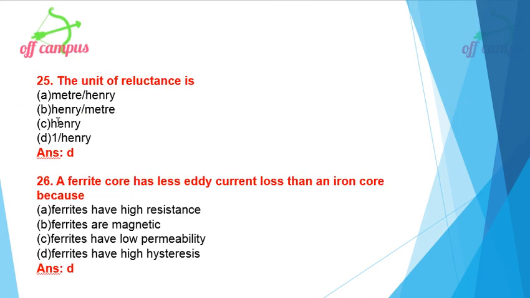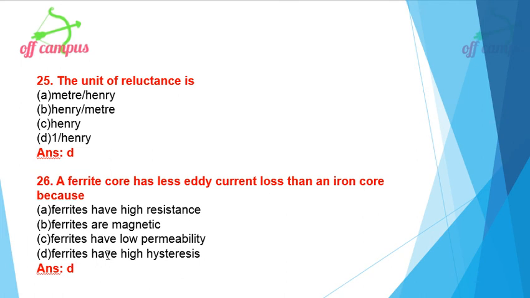Then question number 25. The unit of reluctance is 1 by Henry, or Henry power minus 1. Then 26. A ferrite core has less eddy current loss than an iron core because four different options are given.